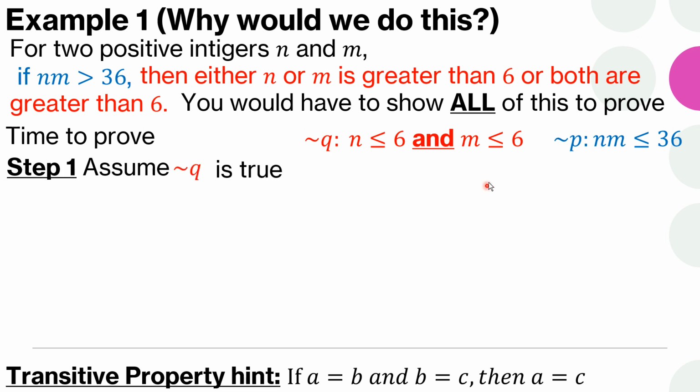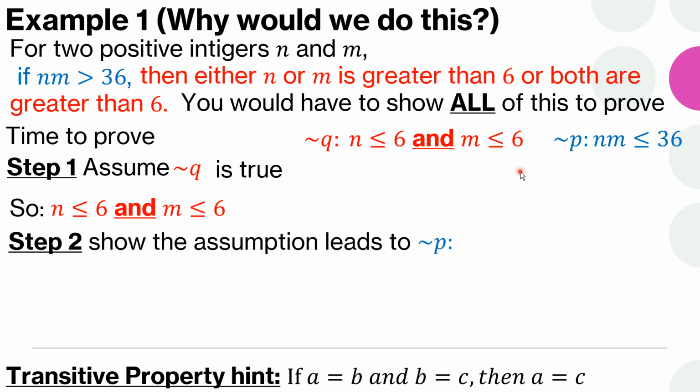That means we're just assuming this part right here is true. Both are smaller than 6. Okay? So, n is less than or equal to 6, and m is less than or equal to 6. So, show how these assumptions lead to not P, which is 36.